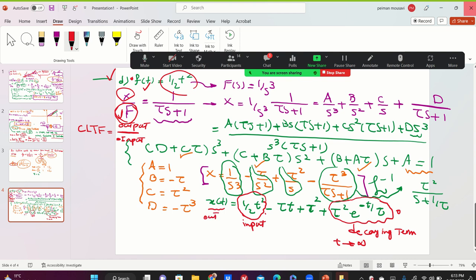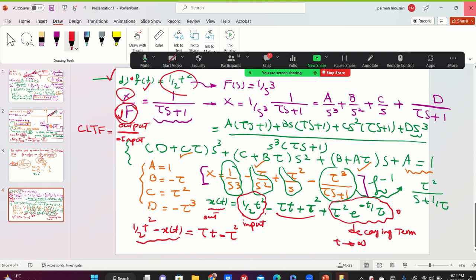This is what? Output. So I'm telling you, 1 over 2, t squared minus x of t equals, moving these to the other side, t minus tau t plus tau squared.